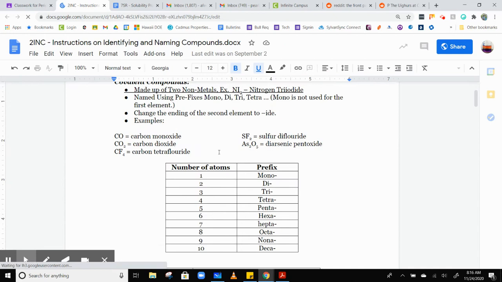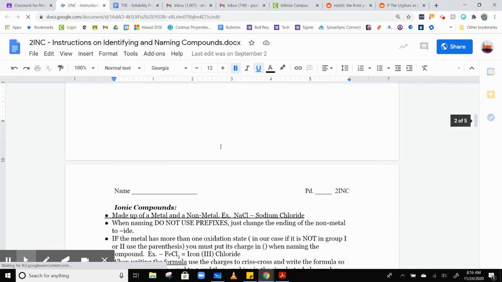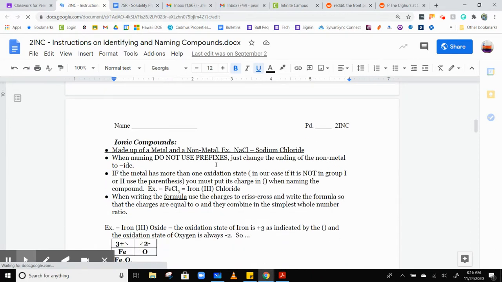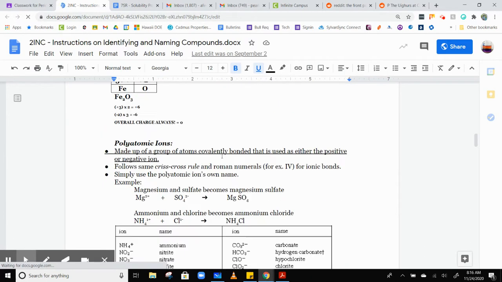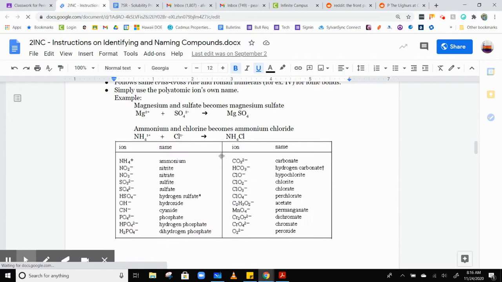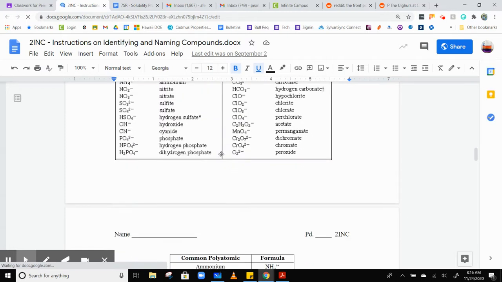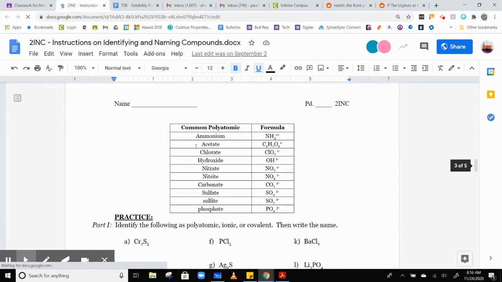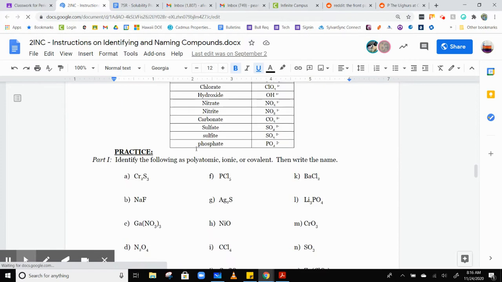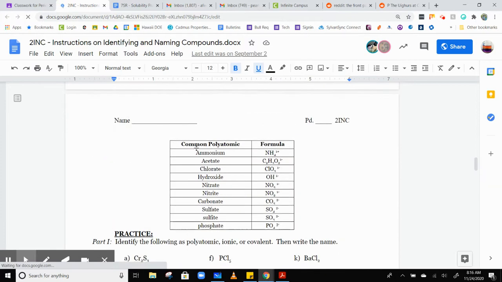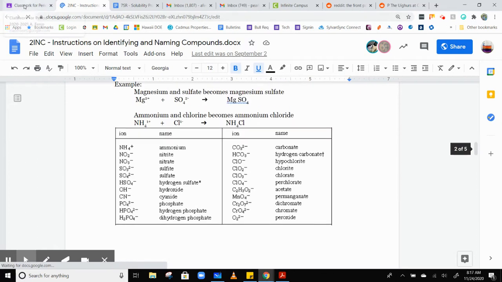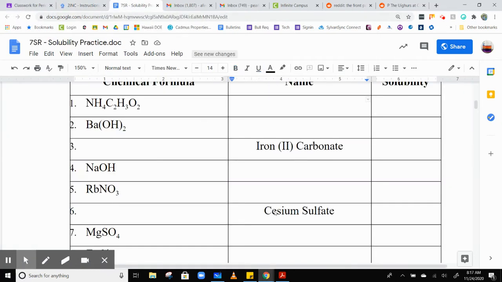They're all ionic or polyatomic. So you're going to follow the rules for naming ionic and polyatomic compounds. That should help you name them or write the formula, because some of these I gave you, you have to write the formula for something like cesium sulfate, right?